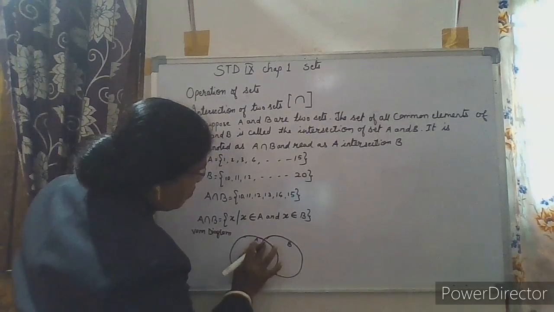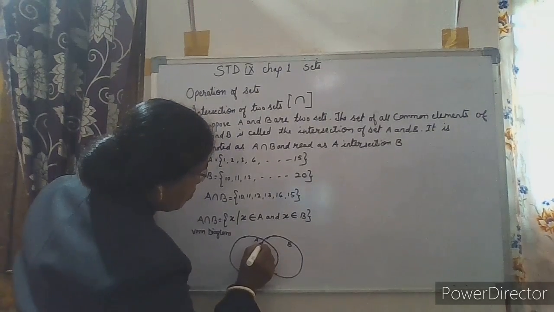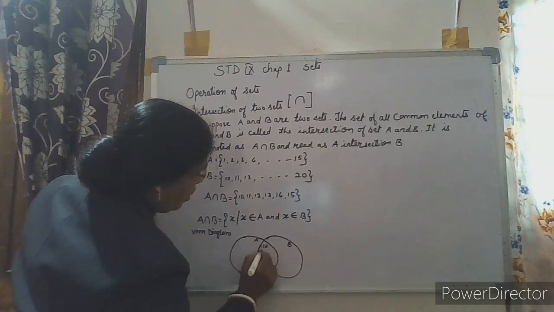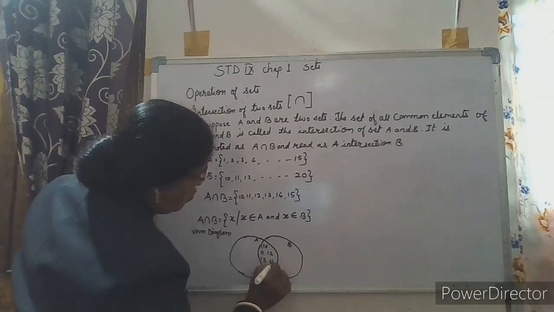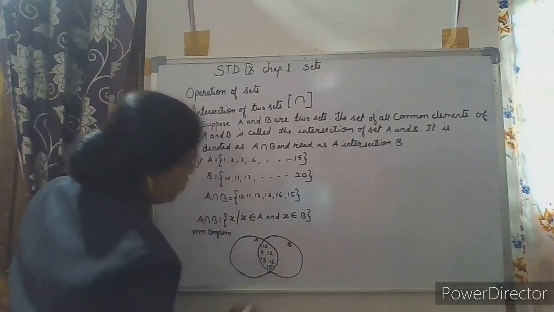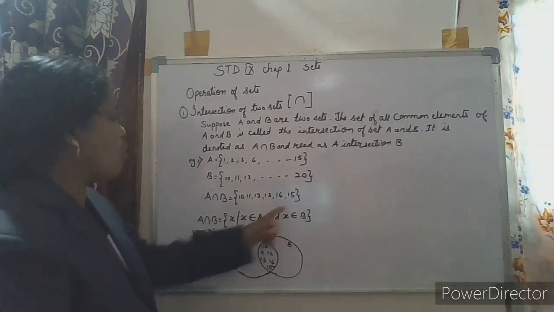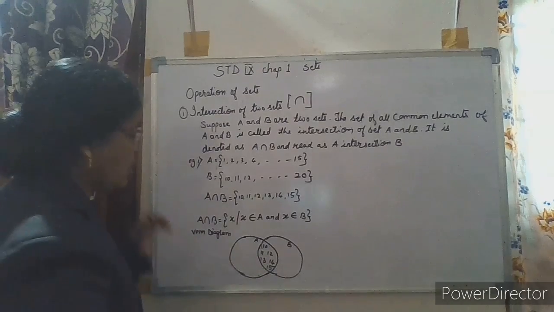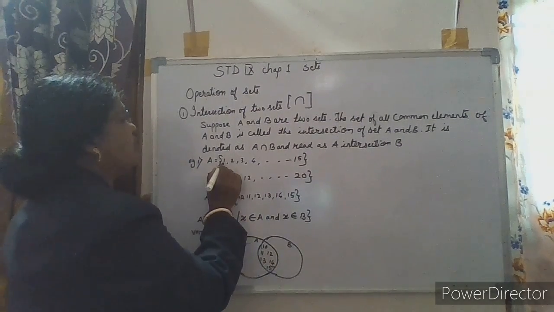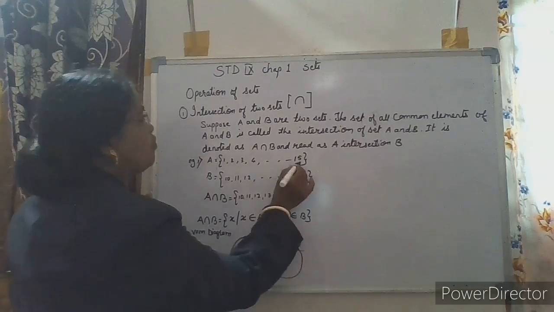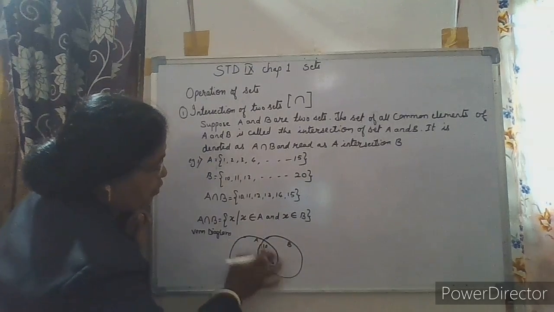A, 10, 11, 12, 13, 14, 15. These are the common elements, that is A intersection B. And this set A is containing elements 1 to 15. 10 to 15 is here.